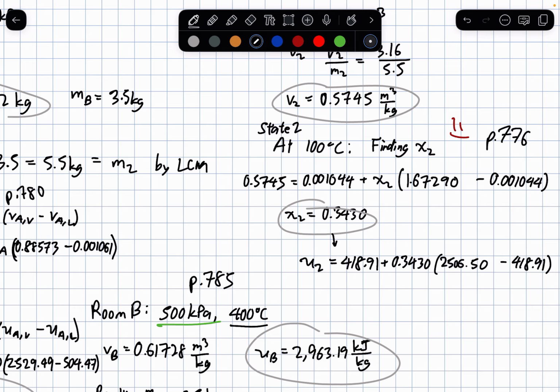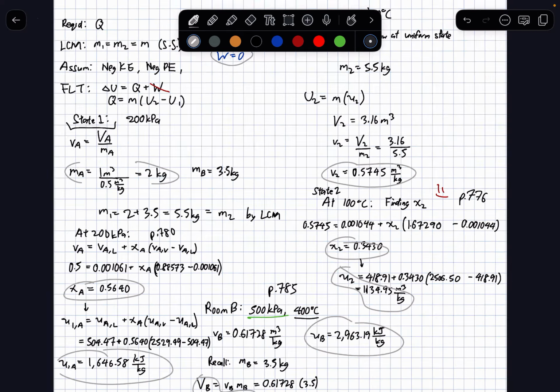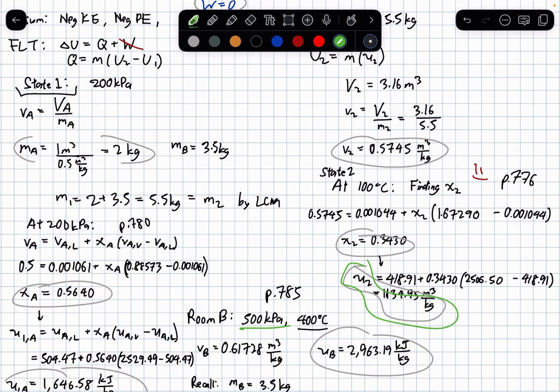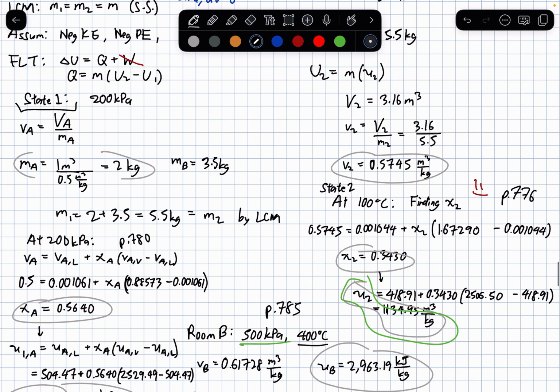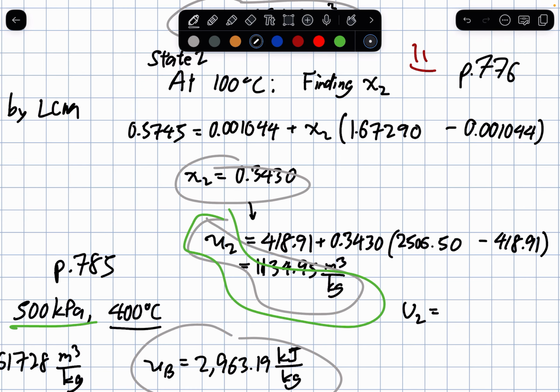Sorry. 1134.95 meter cube per kilogram. 1134.95 times the mass 5.5, 6242.24 kilojoules.